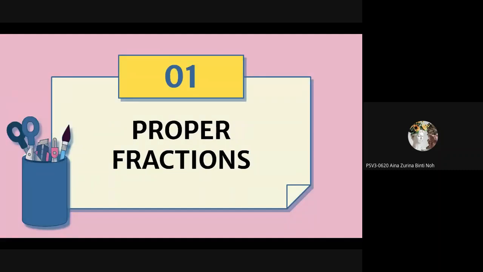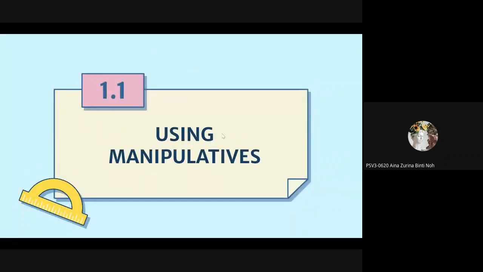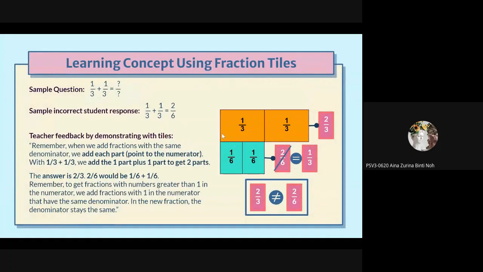Firstly, we're going to touch on proper fractions. Using manipulatives, which are fraction tiles, teachers can teach the concept by example. The sample question is 1/3 plus 1/3 equals what? Some students who don't know the concept of addition in fractions yet will answer 2/6.